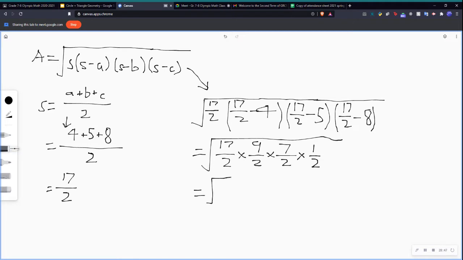And so now you just multiply. There's nothing to cross multiply because the bottom is just 2's and there's these odd numbers at the top. So we're just going to multiply numerator to get your numerator and then multiply denominators to get your denominator.